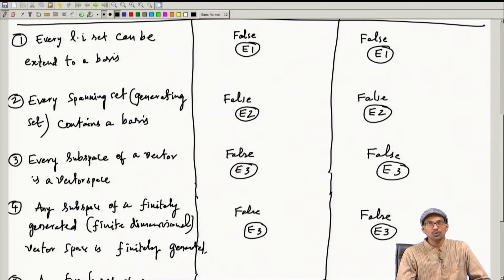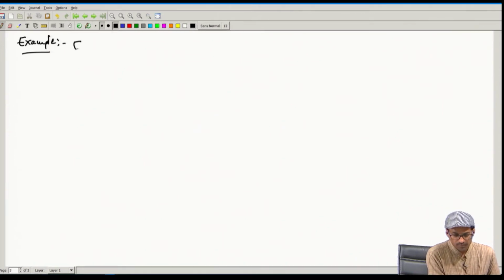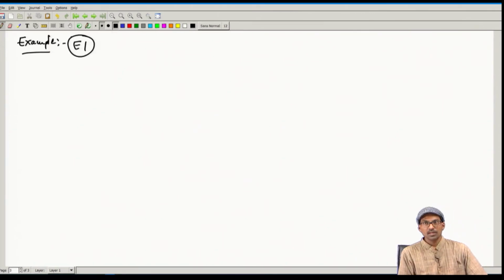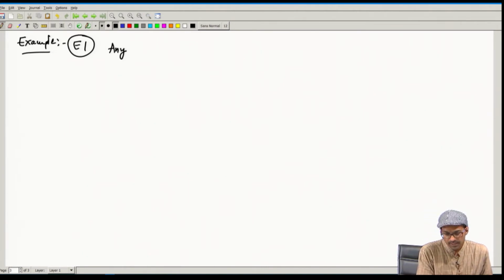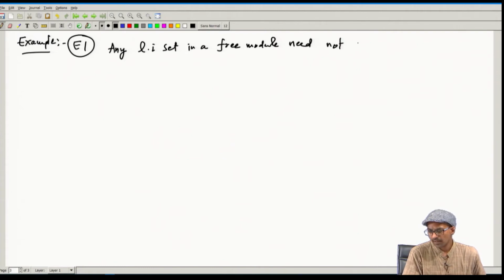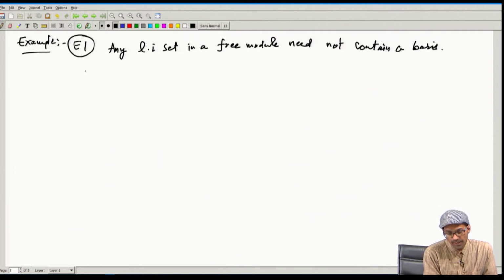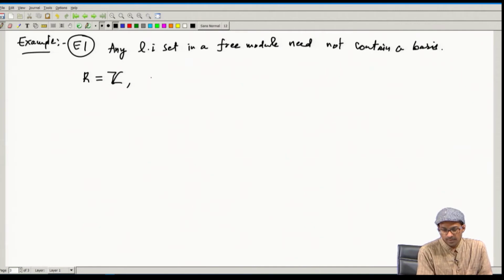Now I am going to discuss these examples. Example E1: any linearly independent set in a free module need not contain a basis. For this, let us look at the ring R as the ring of integers, and M is Z itself.